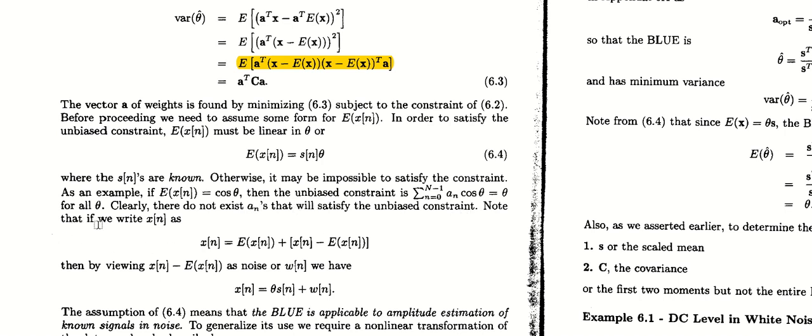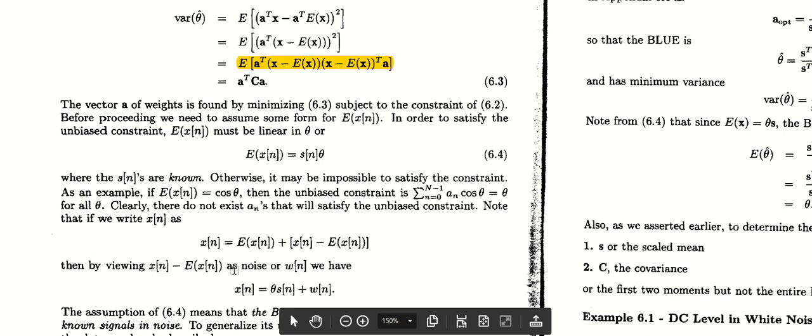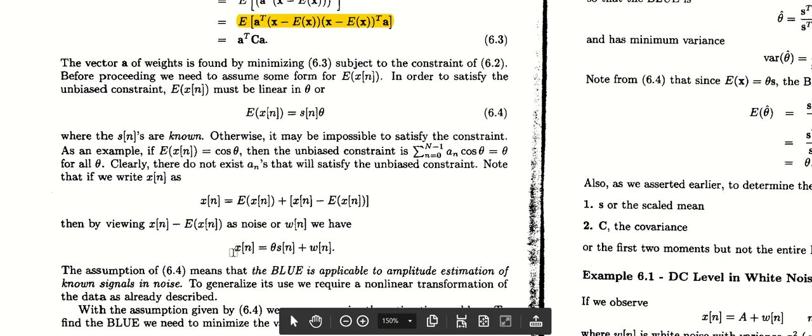Note that if we write x_n as this one, viewing this as noise, then we have x_n equal to theta s_n plus w_n.